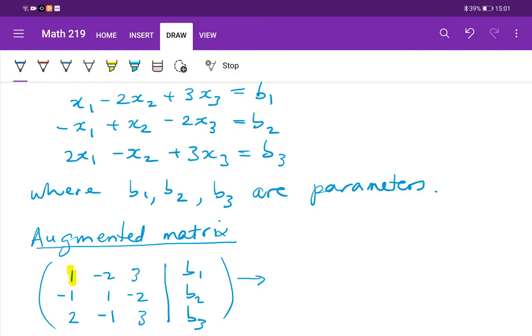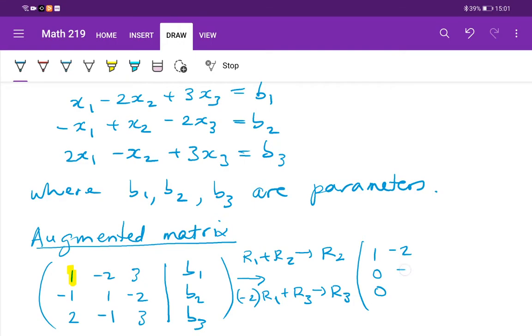So what do we do? We take row 1 and add it to row 2, and that'll be a new row 2, and you multiply row 1 by 2 and add it to row 3. That'll be a new row 3. Okay, so what do we get here? We get zeros below the first leading 1, and then the second column and the other columns also change appropriately.